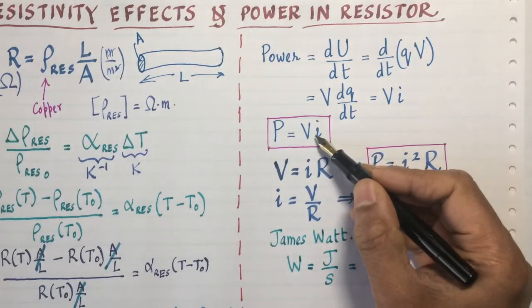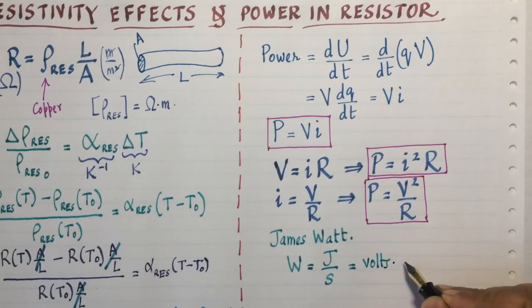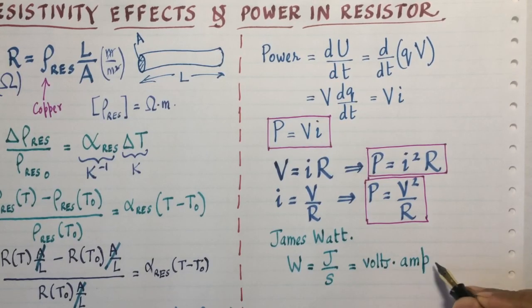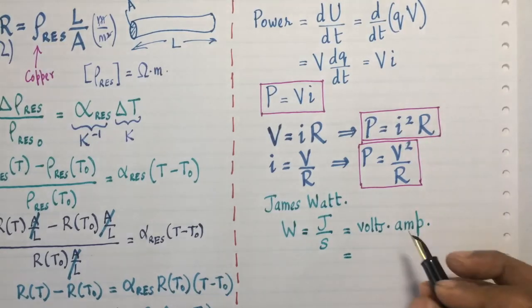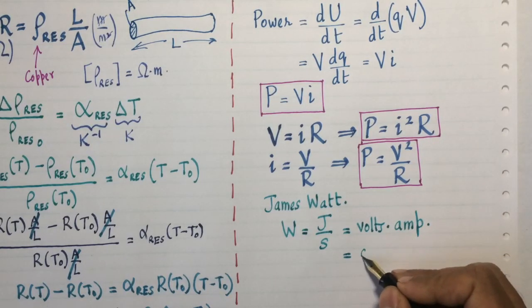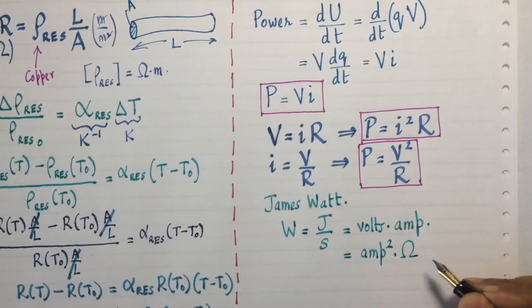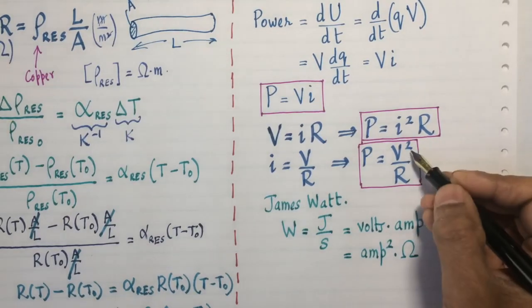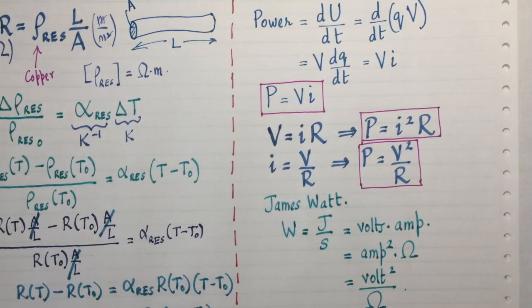And it's also equal to volts times amperes. So there's a lot of ways to remember it. And according to this equation, it's also equal to ampere squared times ohms. And according to this equation, it's equal to volt squared over ohms. So all of these give you the same units of watts.